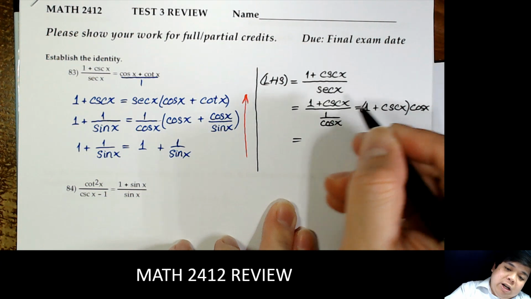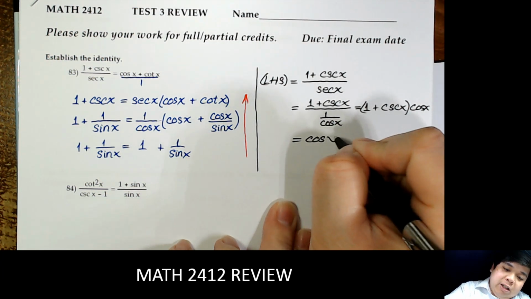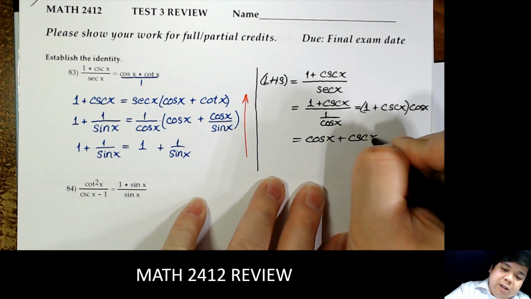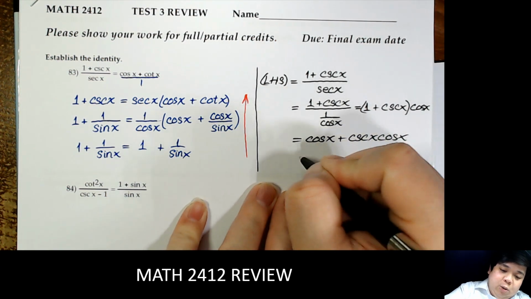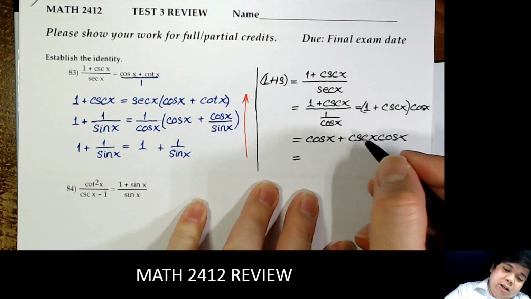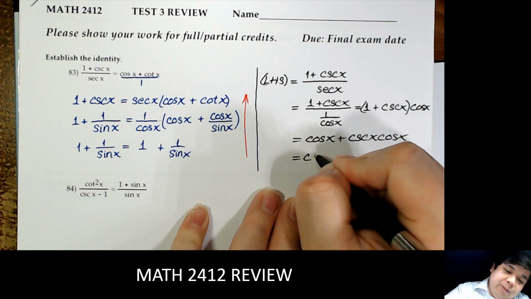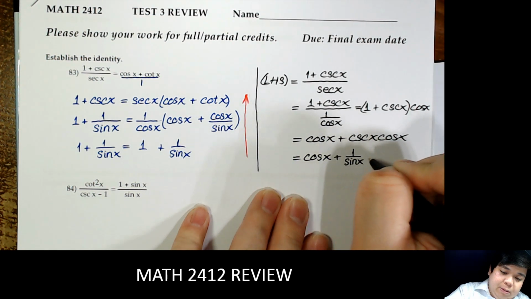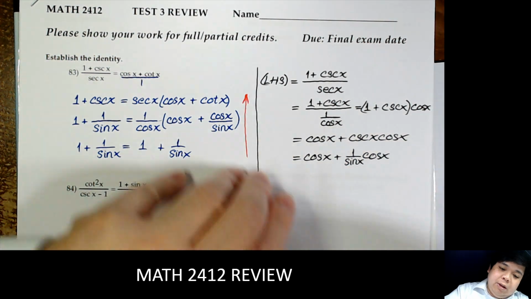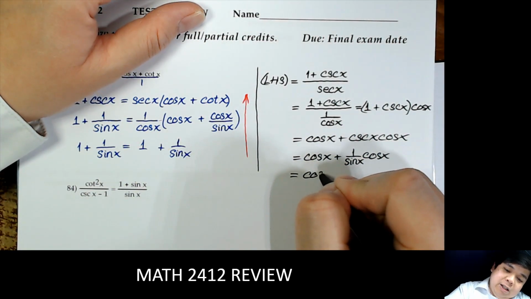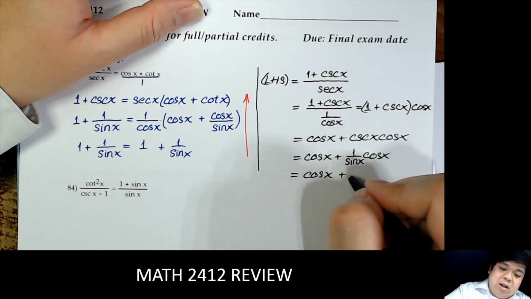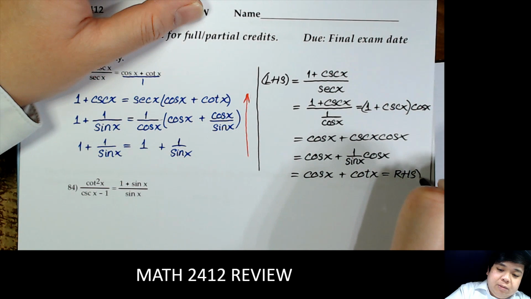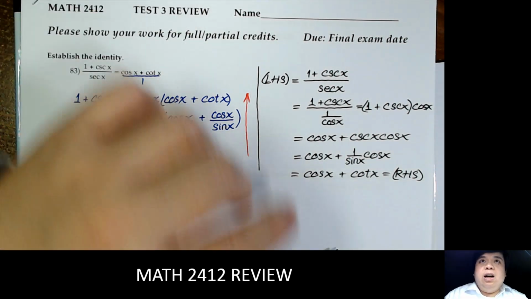And when we multiply it out, we have cosine of x plus cosecant x cosine of x. And cosecant is 1 over sine. And so we have cosine of x. Cosine divided by sine is cotangent, and that equal to the right hand side. And so we have the proof.